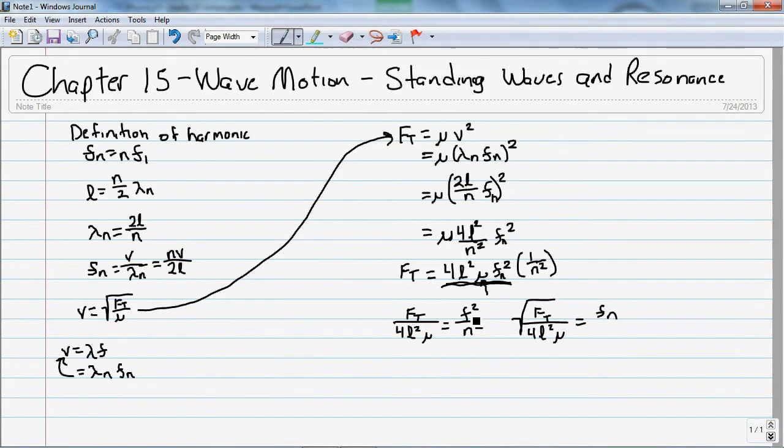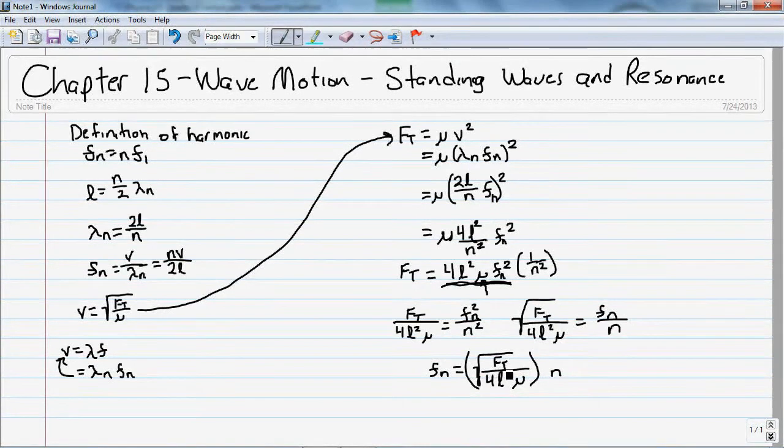Keep forgetting to put my n there for nth harmonic. And then simplify for the frequency of the nth harmonic. And that gives us the square root of force of tension over 4 L squared mu, times n.